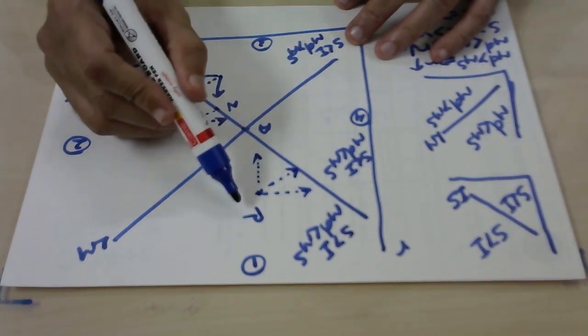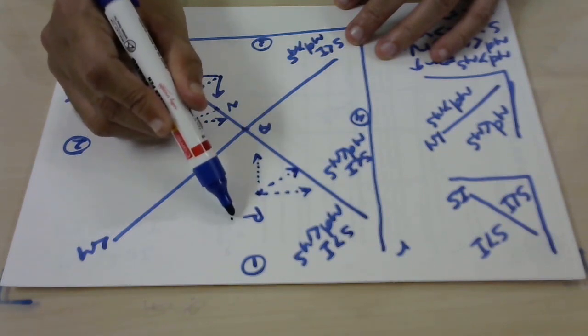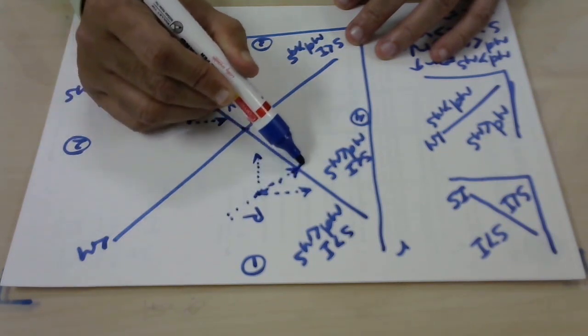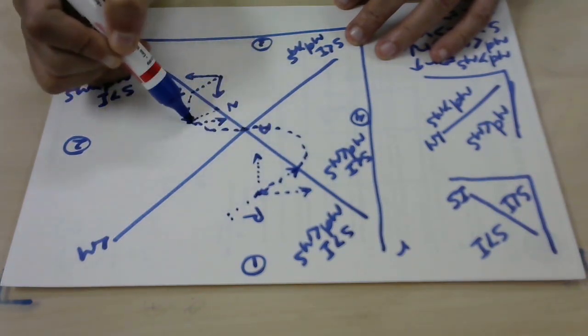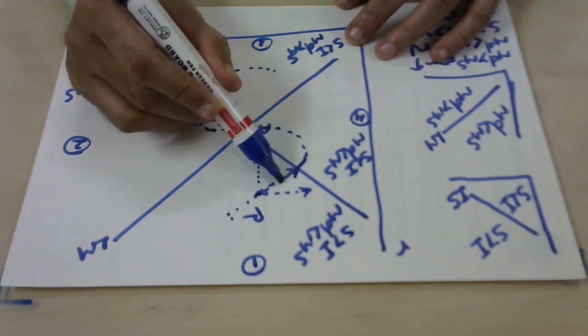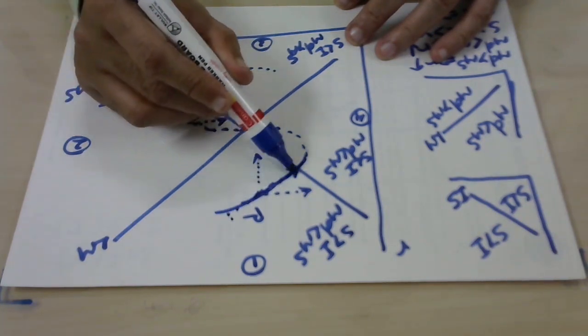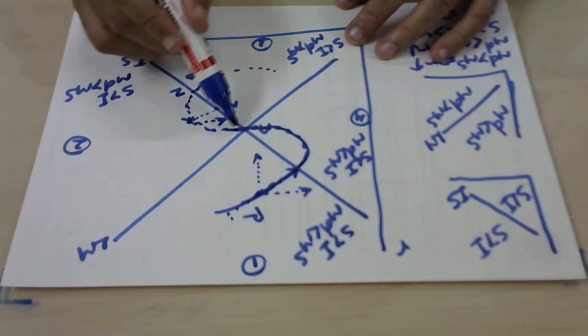Broadly, you will traverse a path which I can represent as traversing an S curve. Okay, so what is happening? You are traversing an S curve broadly.